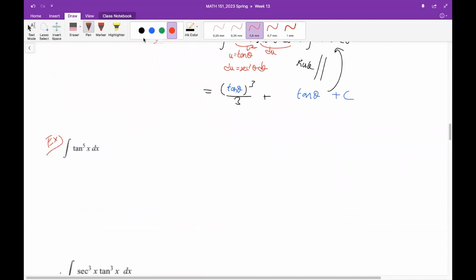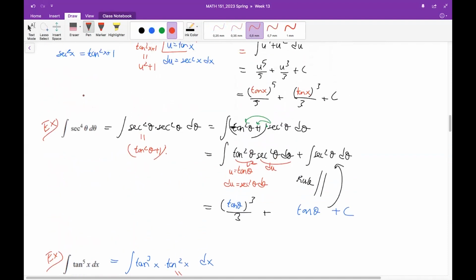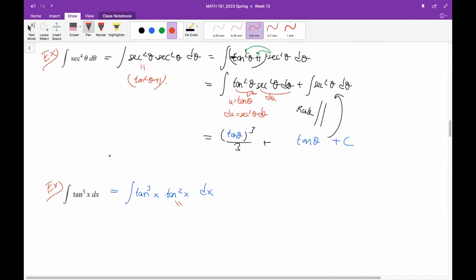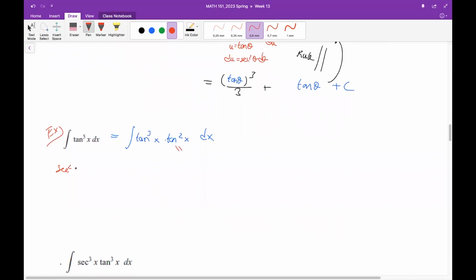So let's try the next one. Okay, we are always applying the same strategy. You should always separate some square from the given function, okay? Always separate the square part from that. Why are we doing that? Because only then you can use the trigonometric identity. Let me write this down again here. Okay.